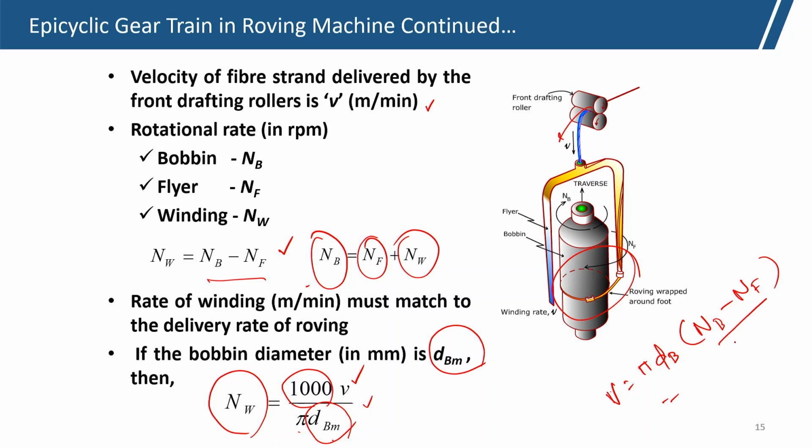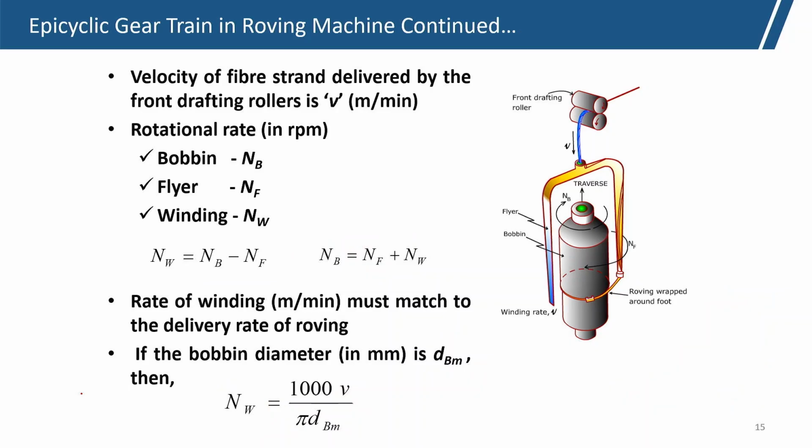So, NB minus NF is NW, and NW is equal to 1000 V by pi dB. This 1000 is only for the conversion from meter to millimeter, which we have already discussed. It comes from this relationship.